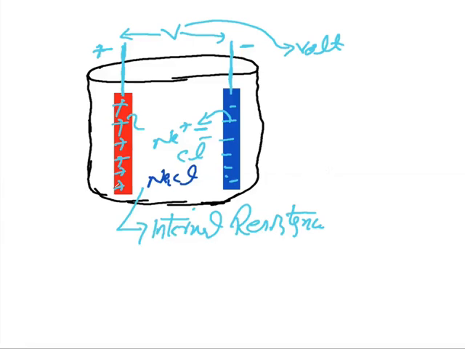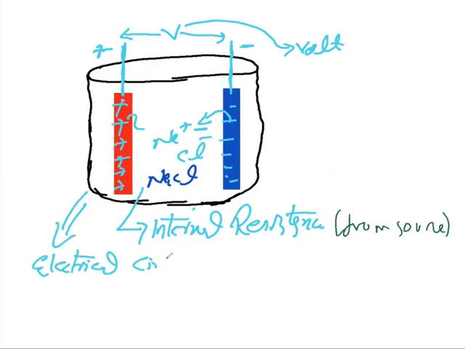Okay, so now let's convert this practical into an electrical circuit. In the circuit, I have a potential, which is represented by this.